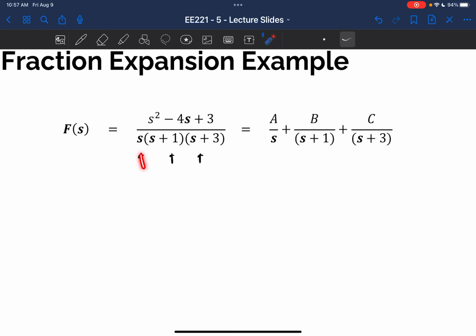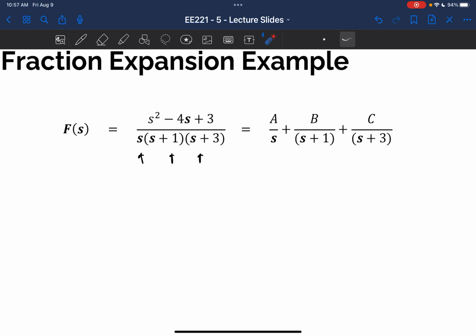So s for the first term, s plus 1 for the second term, s plus 3 for the third term in this case. And those three terms have coefficients, which are integer values here that we can find, and this partial fraction expansion will be equal to our original function.